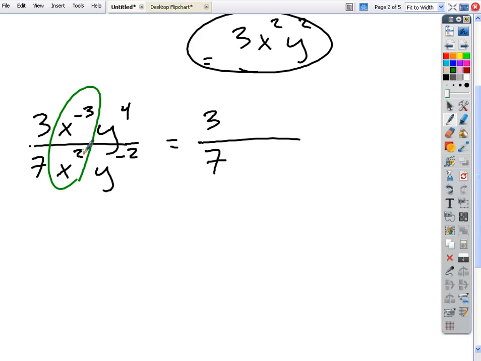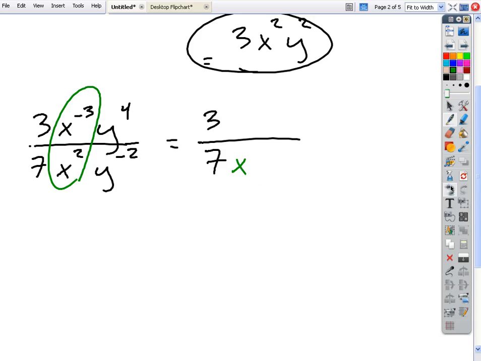The x's have more power on the bottom because 2 is bigger than negative 3. What do I do in that case? Yeah, good. We're going to keep the base where it has the most power, where the exponent is the biggest, right? So the x's are going to stay on the bottom.